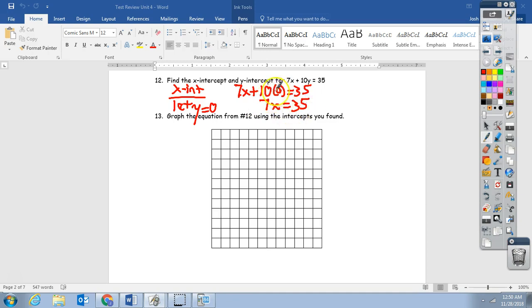Because what is 10 times 0? Nothing. Then you divide by 7 on both sides. What is 35 divided by 7 going to give you for x? 5. That's my X-intercept.